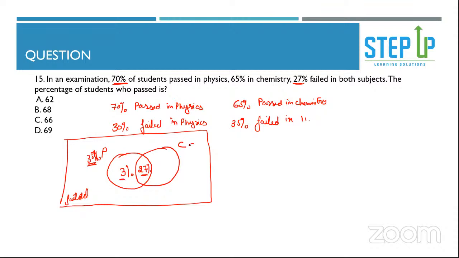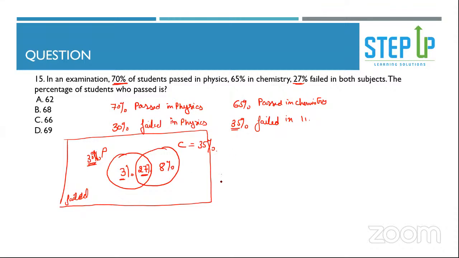Same way, if this is 35%, I know that this is 27. So this has to be what? 3. This has to be 8%. Right?